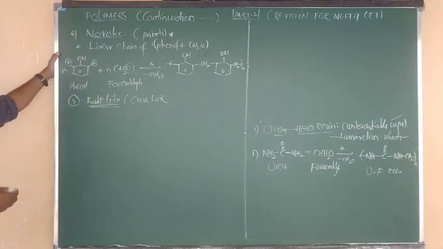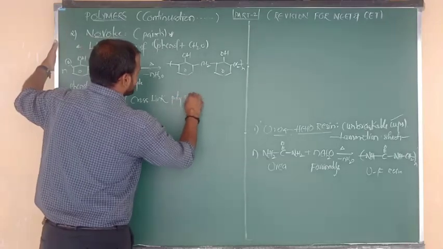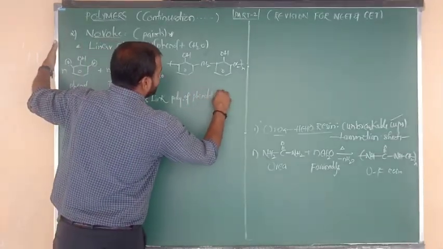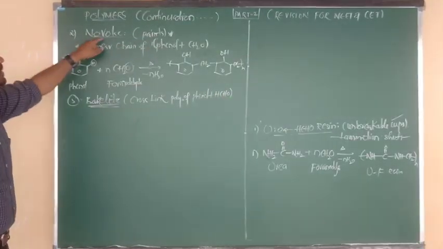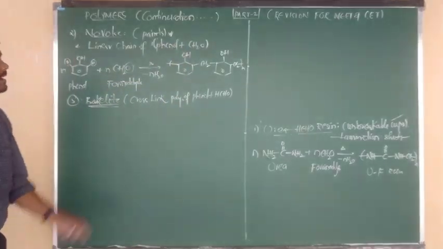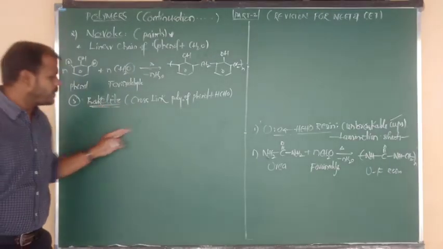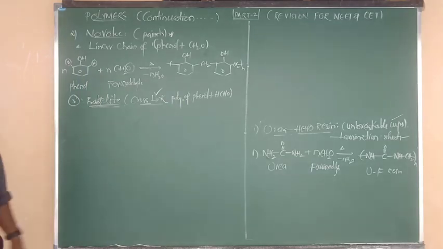Bakelite is a cross-link polymer of phenol plus formaldehyde, beta. Same monomers. Novolac also contains phenol and formaldehyde, but that is linear chain polymerization. Here, two linear chains are connected by branches, nothing but cross links.